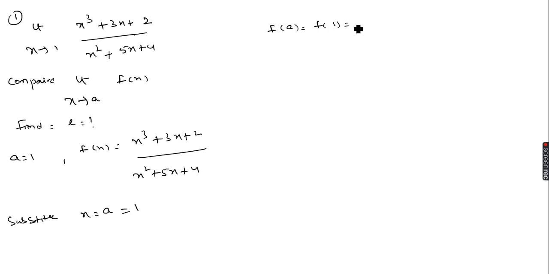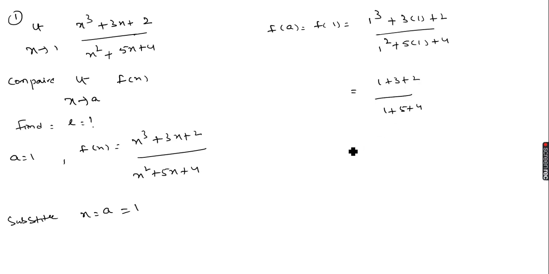So 1 cube plus 3 into 1 plus 2 by 1 square plus 5 into 1 plus 4. That is 1 plus 3 plus 2 by 1 plus 5 plus 4, which is 6 by 10. So 6 by 10, dividing by 2, the answer is 3 by 5.